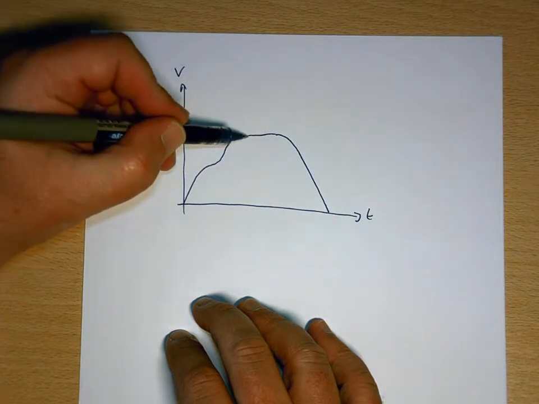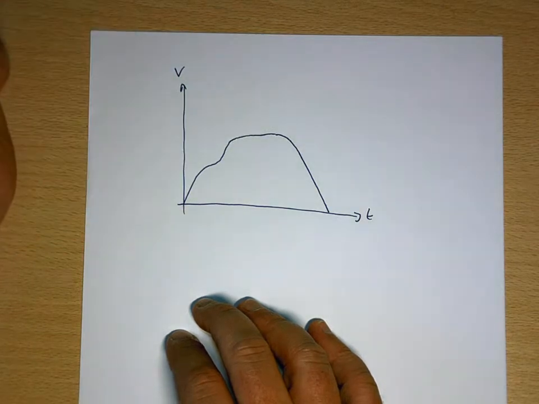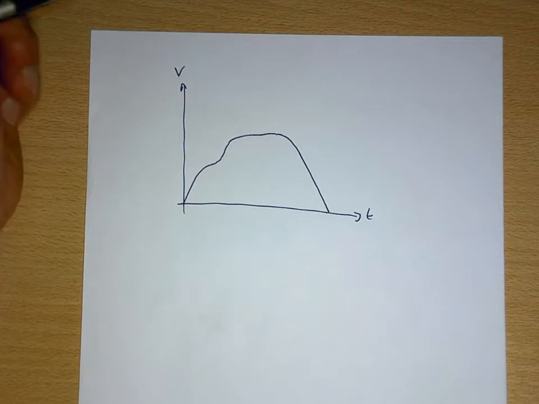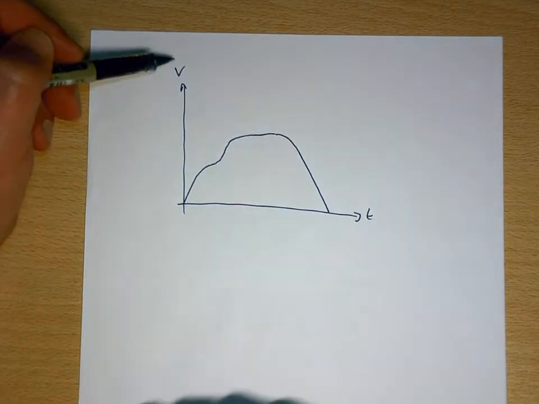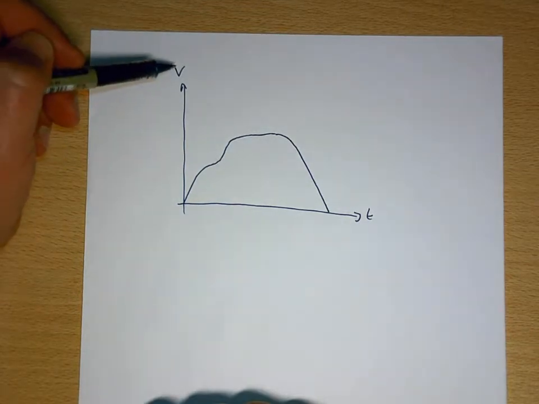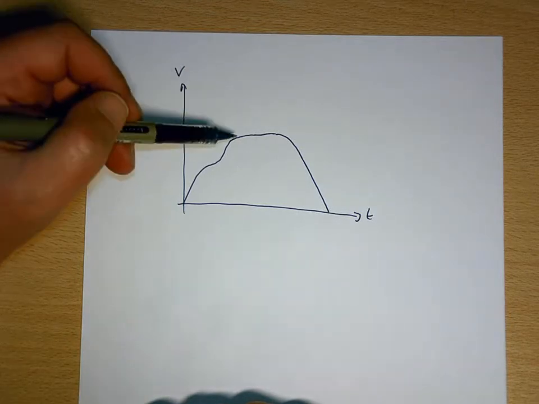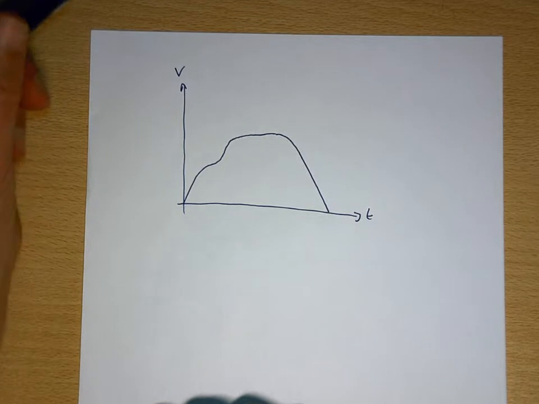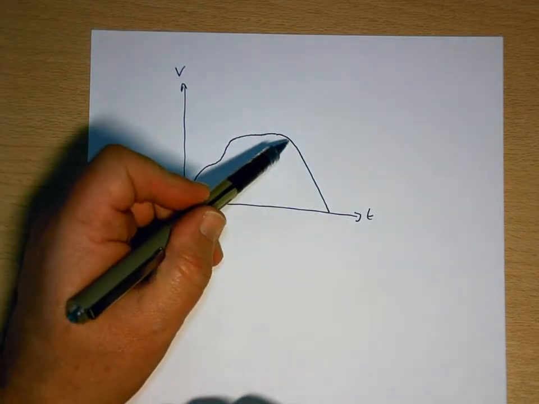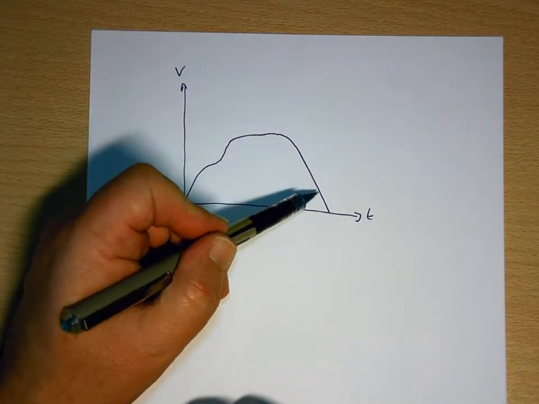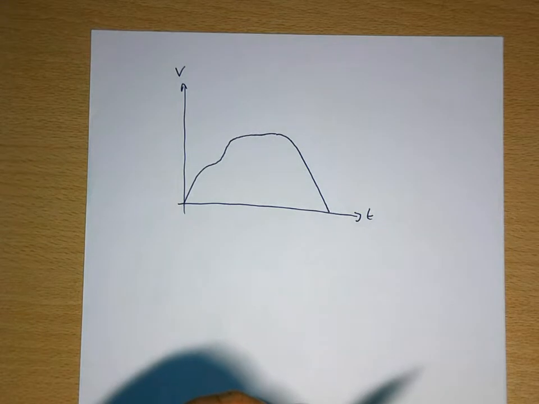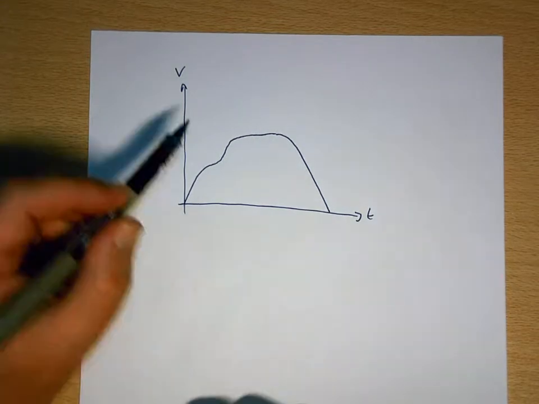If you get to a point where the graph is flat, that means it's travelling at a constant velocity. If it's at a constant velocity, then it's not accelerating, so you could say its acceleration is 0. If its velocity is falling, then that means that it's decelerating.